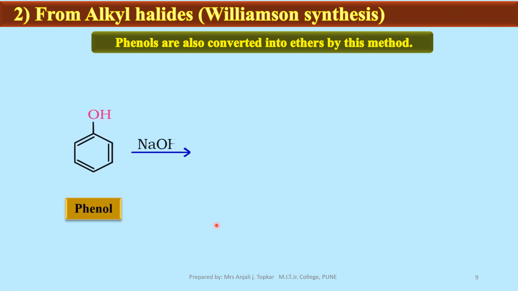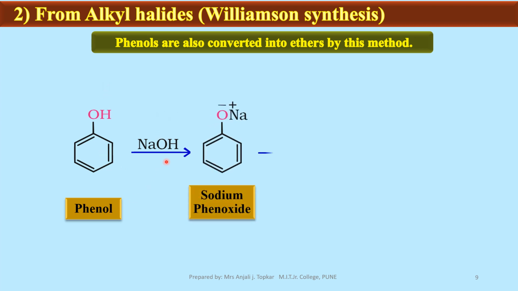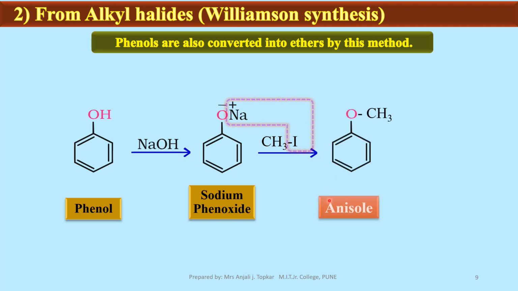Let's see here. Phenol, when treated with NaOH, forms sodium phenoxide, which on treating with methyl iodide forms anisole, and NaI is removed.